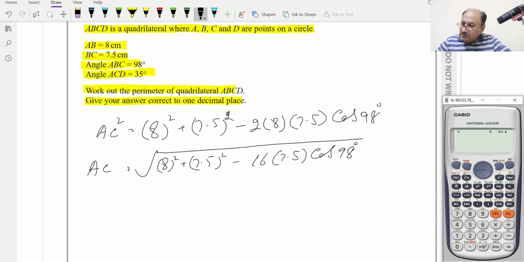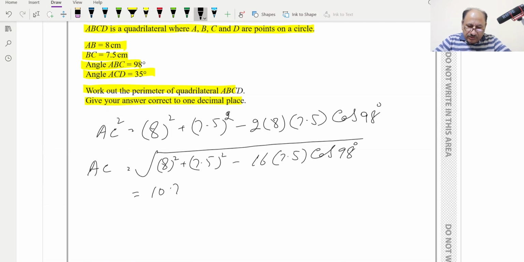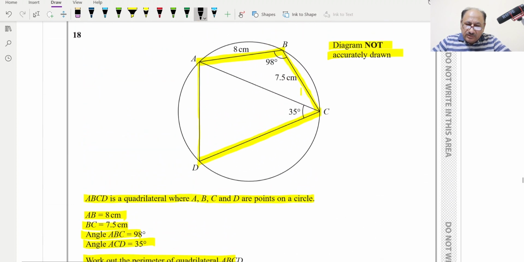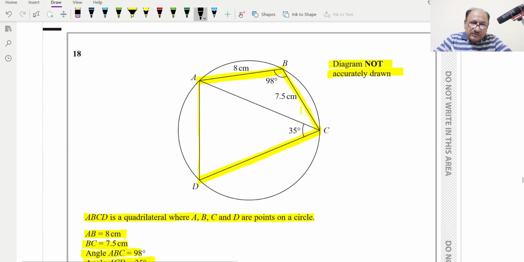Again your calculator should be on degree mode. So this is equal to 10.79 centimeters. So AC value we got is 10.79 centimeters.